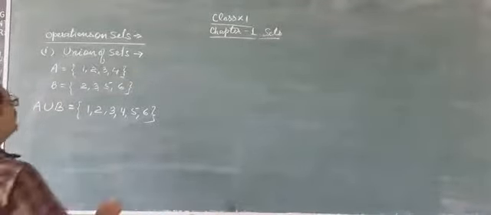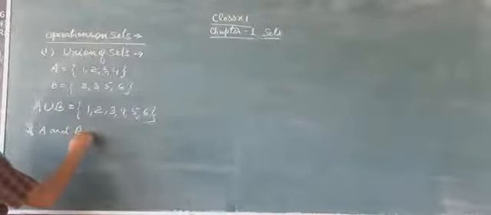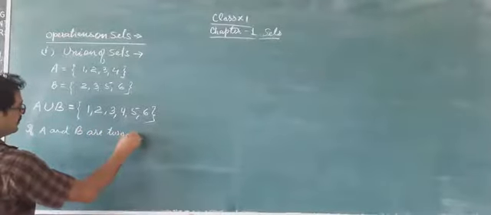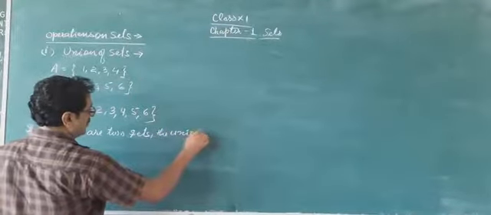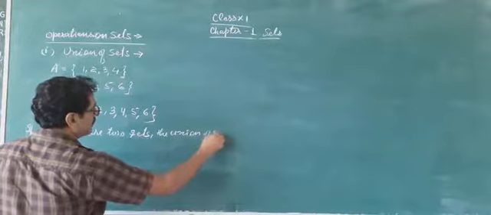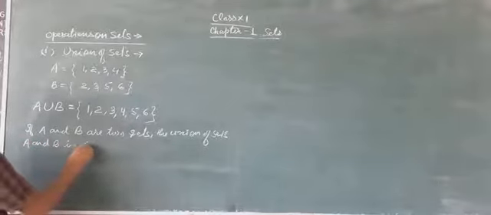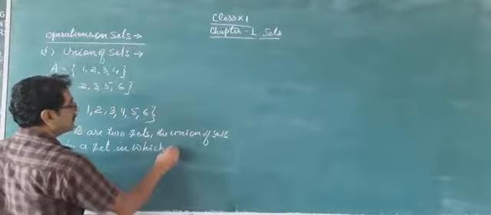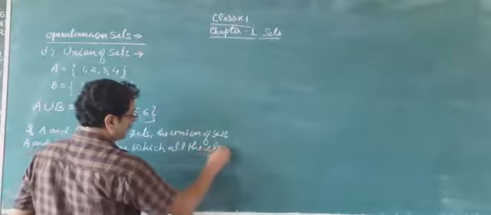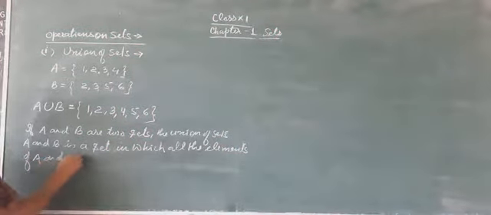So the definition of union of sets is that if A and B are two sets, then the union of sets A and B is a set in which all the elements of A and B lie.